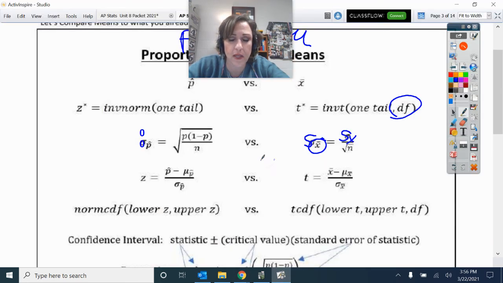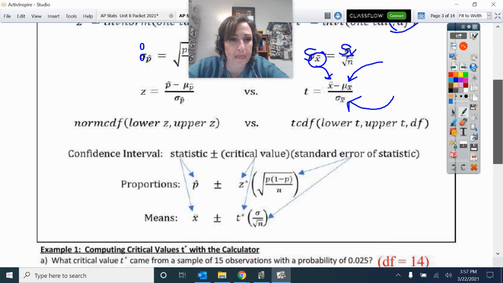Okay. And so then look at our Z star, when we do a test and we get our Z score, that's your P hat minus the mean of P hats over the standard deviation of P hats. Well, for T, it's going to be that X bar, seeing how far that sample is away from where it is claimed to be centered, but in terms of the sampling distribution standard deviation.